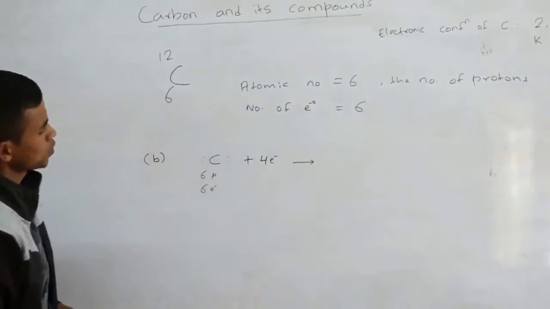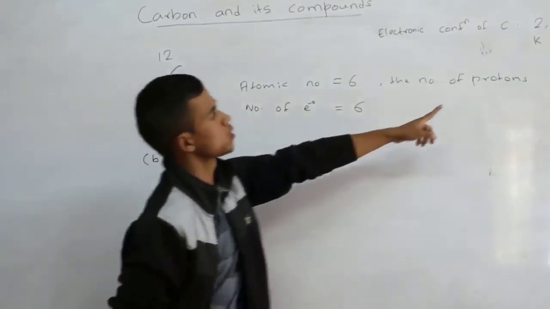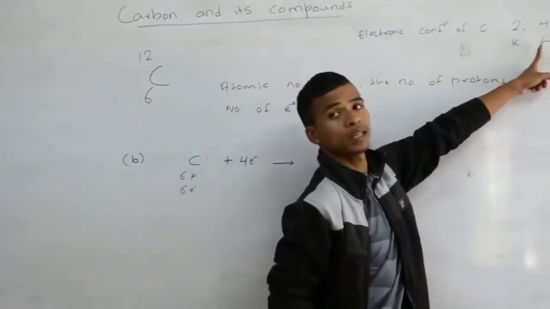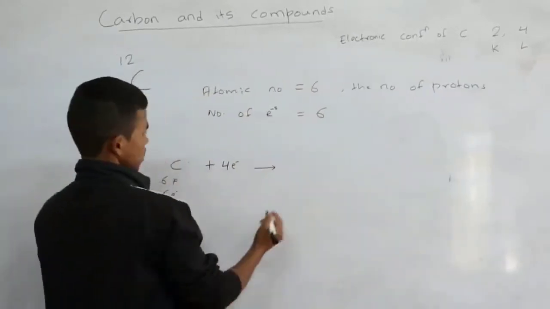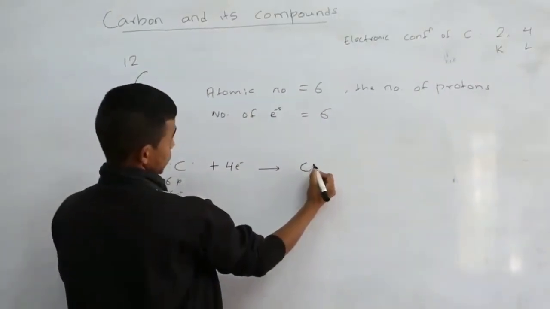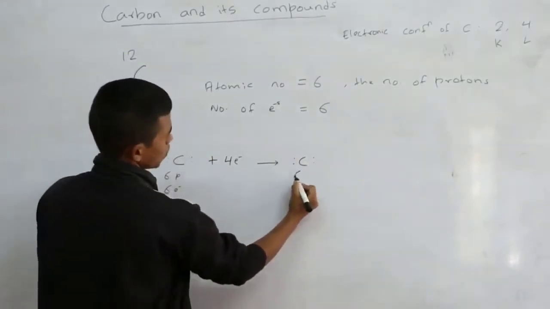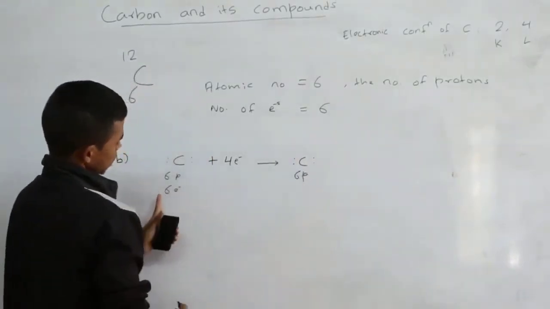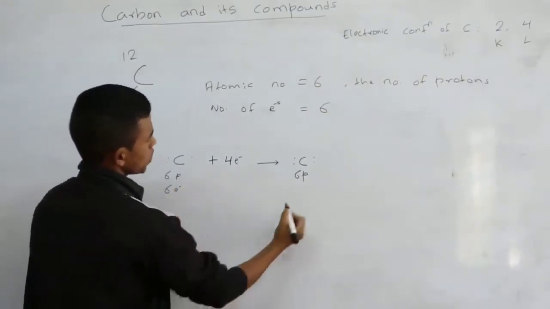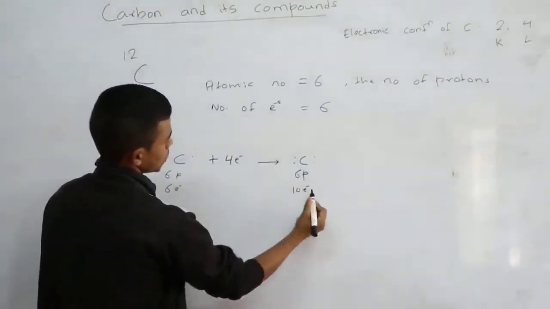So if it gains 4 more electrons, this valence shell would contain 8 electrons. So in that case, carbon has 4 and 4 more. So there are 6 protons, and 6 electrons plus 4 more will be 10 electrons.